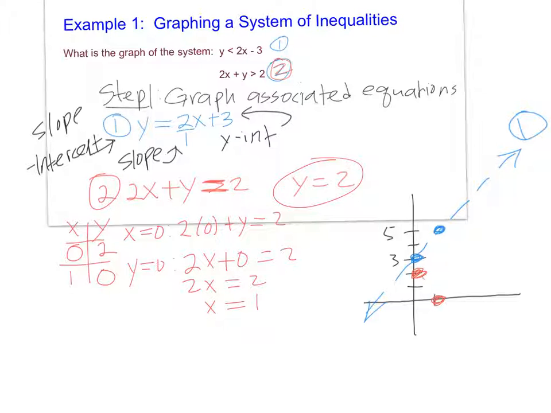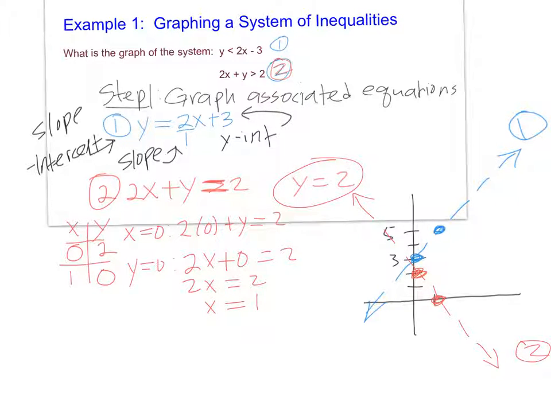Another dashed line because there's no equal sign. That concludes step 1. We've graphed both lines, 1 and 2.